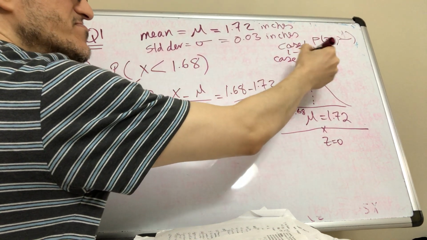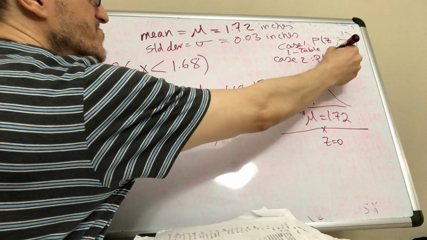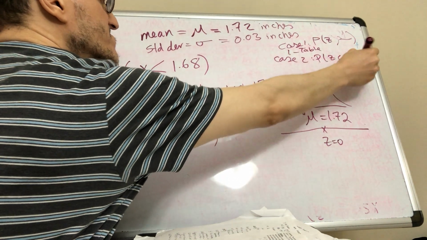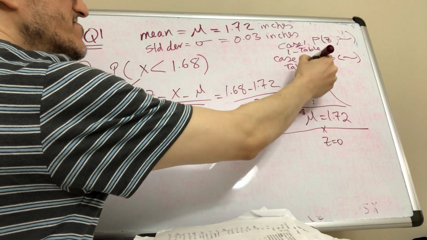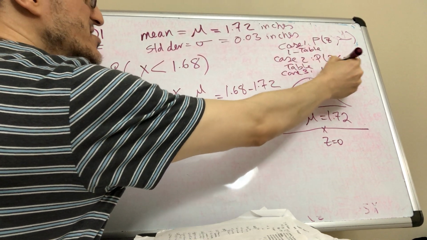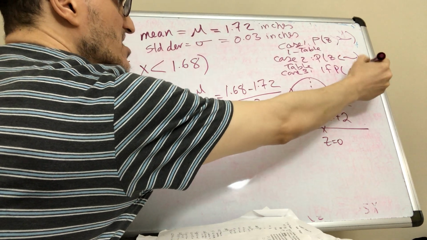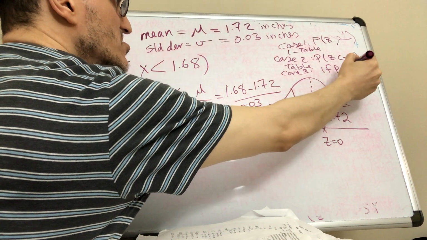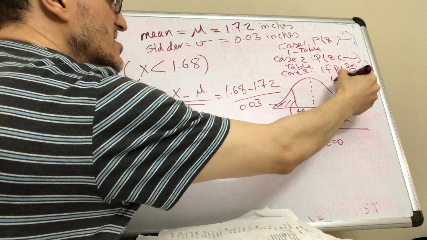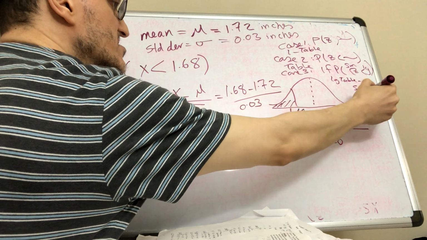Case 2, if you have z less than a number, it would be table right away. In case 3, if you have between 2 numbers, a large and a small, you get the large from the table minus the small from the table.